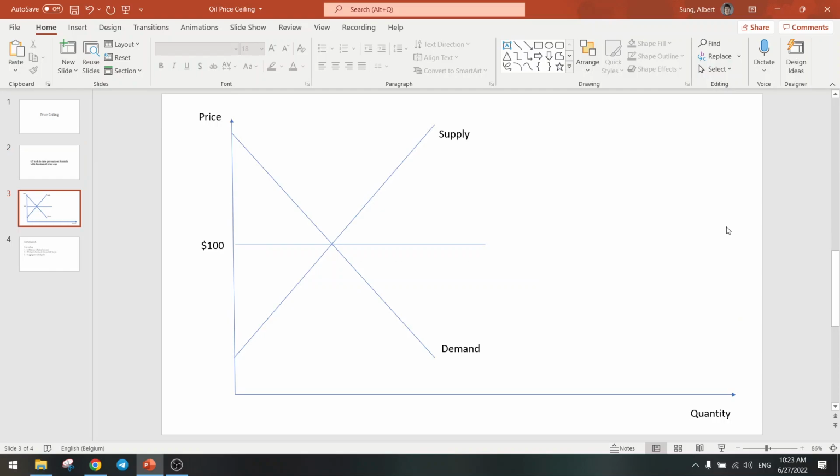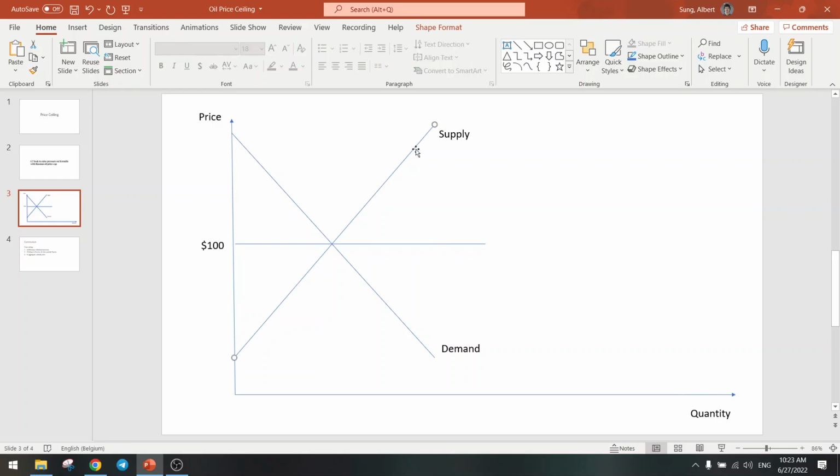So let's go over the supply and demand curve. As you know, there are two curves on here. The demand curve, that's this line. So let's say the oil price goes down, then that means people will buy more oil. So the quantity increases.